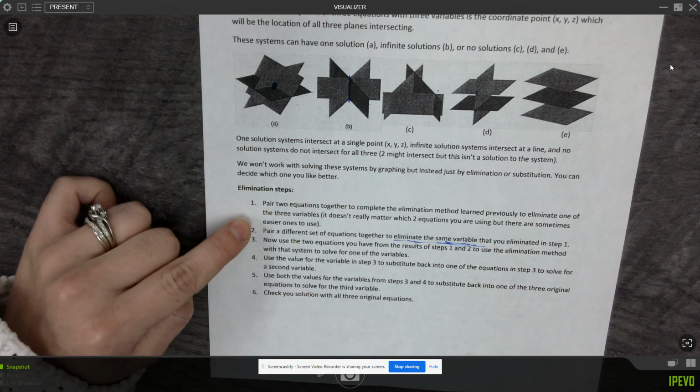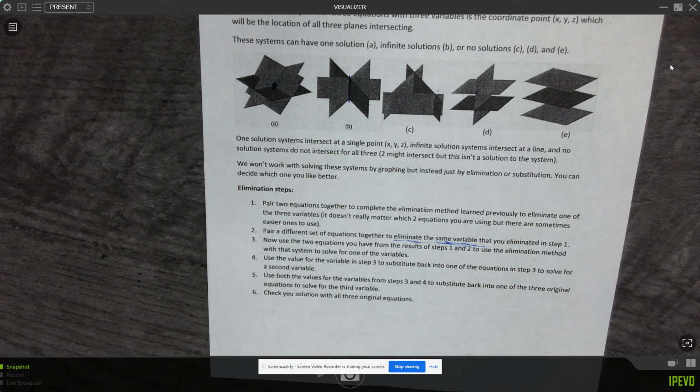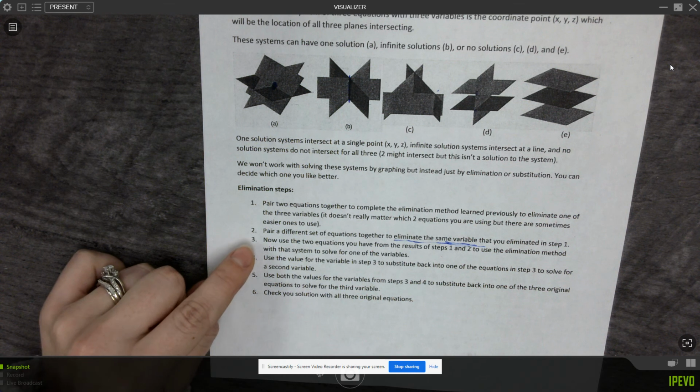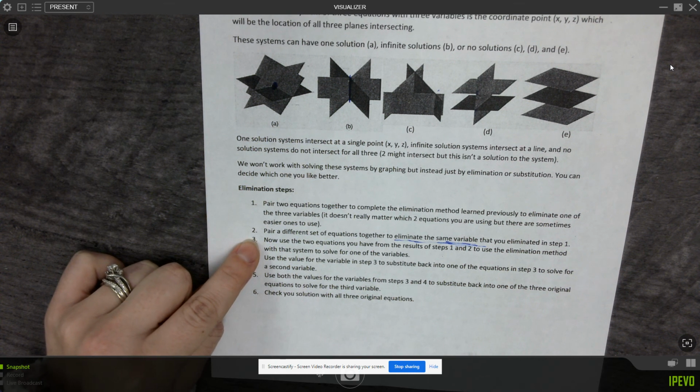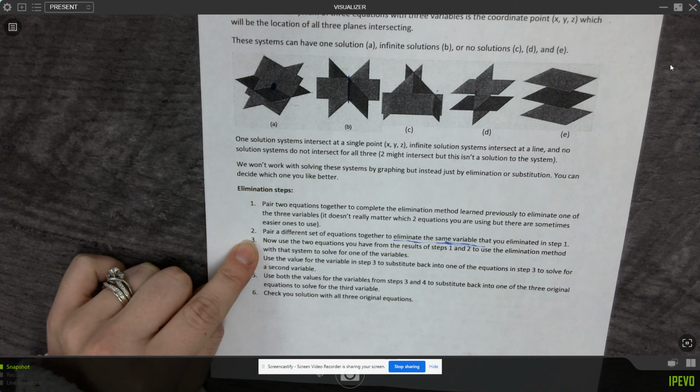So after steps 1 and 2, you now should have 2 new equations with the same 2 variables, y and z only, or x and z only, or whatever. Now you're going to use those 2 equations and eliminate for the 3rd time. So if you have y and z in the first and second equations, use elimination to now eliminate y or z. Now you will eliminate down to only one variable.